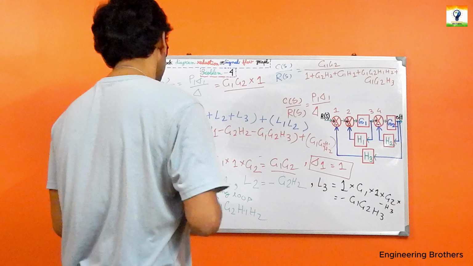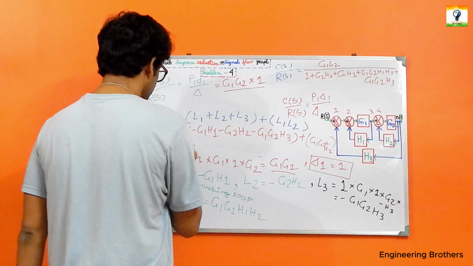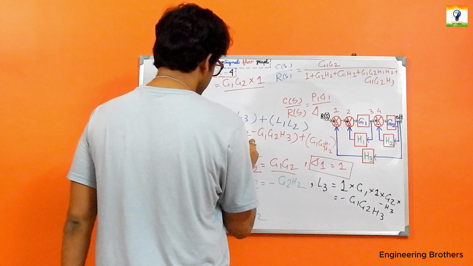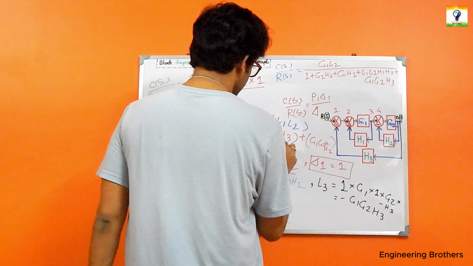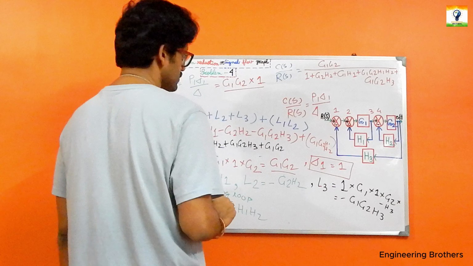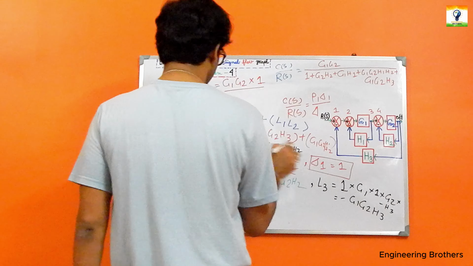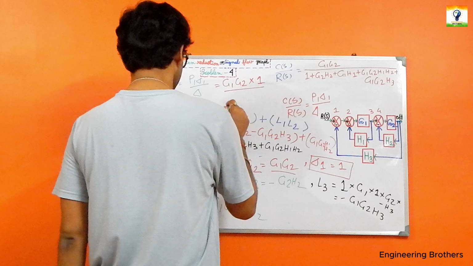Now quite naturally the answer seems to be 1 plus G1 H1 plus G2 H2 plus G1 G2 H3 plus G1 G2 H1 H2. Now this is going to be our expression for our delta. Now let us put that over here.